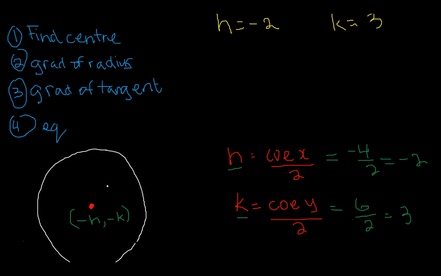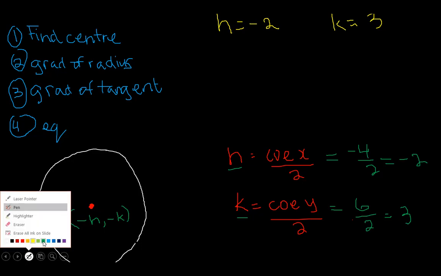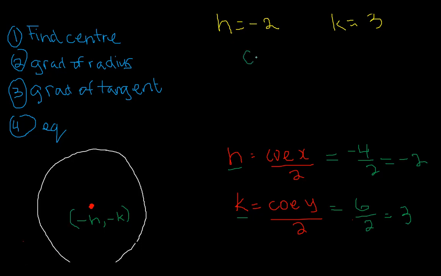So if we want to find the center, which has the coordinates minus h and minus k, we know that h is minus 2. So what does that mean? Minus h has to be equal to 2.